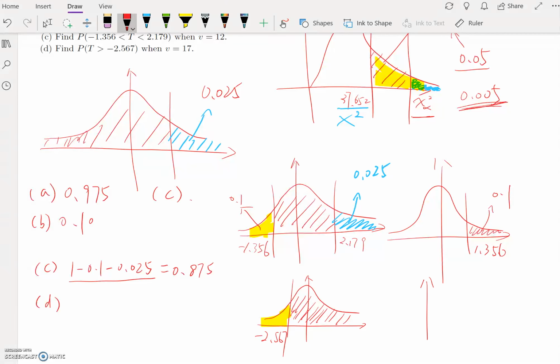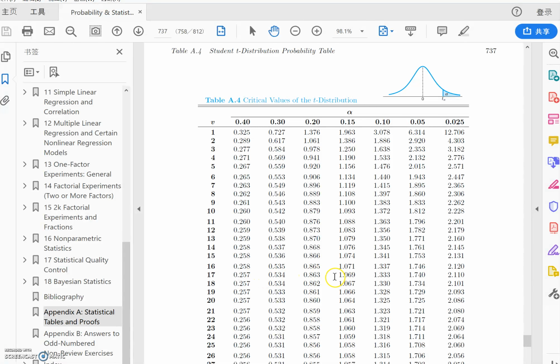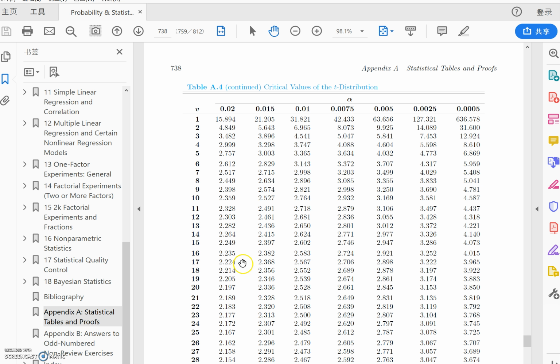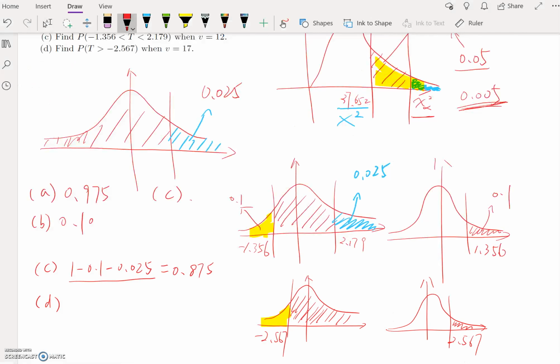In order to get the yellow part, we look here for 2.567 when V equals 17. Here we didn't find the exact value, but 2.567 gives 0.01. The alpha value is 0.01. So the yellow part is the same, 0.01. So we can get the value 1 minus 0.01 equals 0.99.